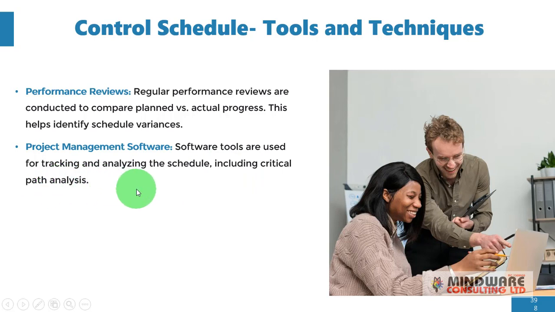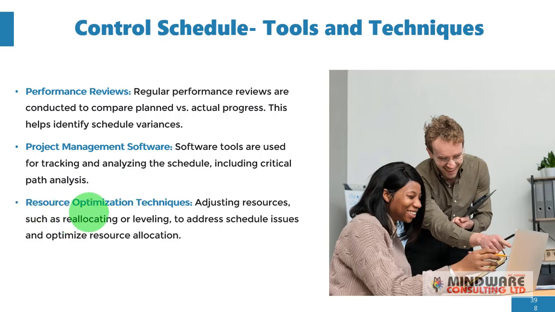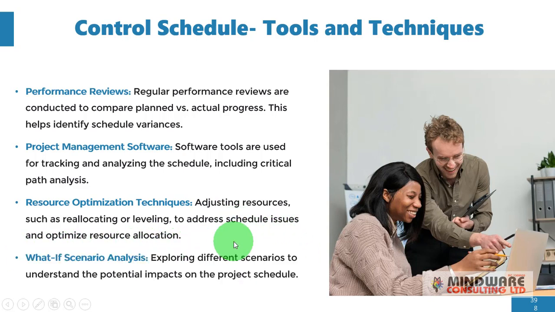We're going to be looking at some project management software later in the course. Then resource optimization techniques: adjusting resources, such as reallocating or leveling, to address schedule issues and optimize resource allocation. And then you have what-if scenario analysis, exploring different scenarios to understand the potential impacts on the project schedule. So these are the tools and techniques required for the control schedule process.